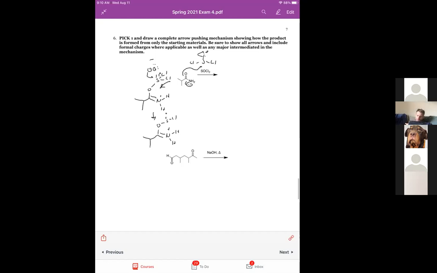From here, we are going to pull off a proton. Form our nitrile, make our SO2, kick out this Cl. Deprotonate with that last Cl in order to make our final product.